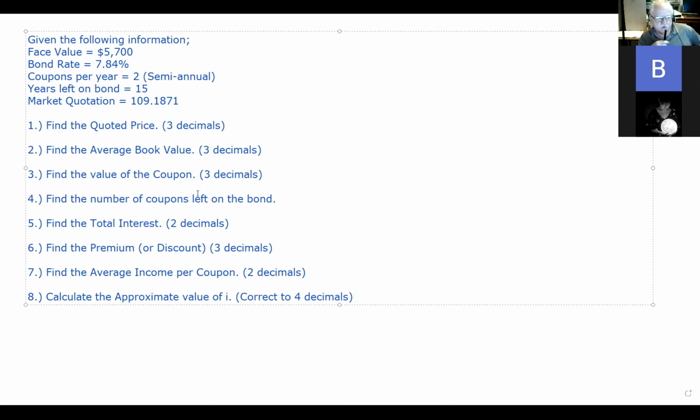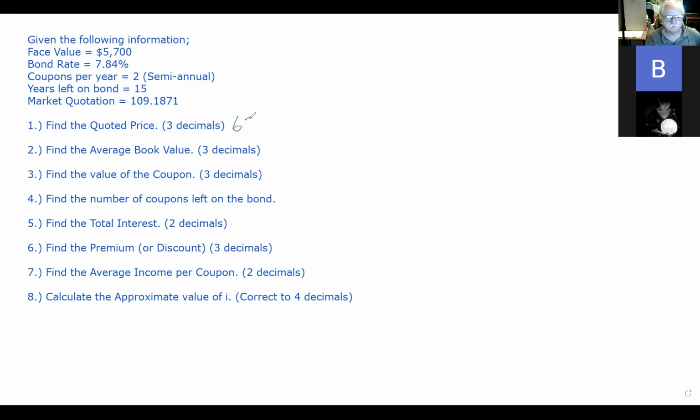Okay, and they also want you to go to 3 decimals. So what will that be if you go to 3 decimals? Okay, I like that answer, and Moodle will like that.